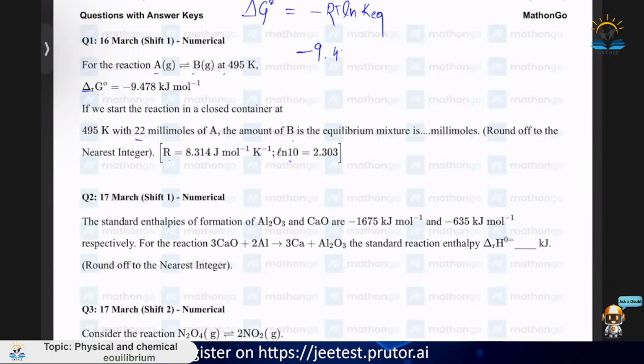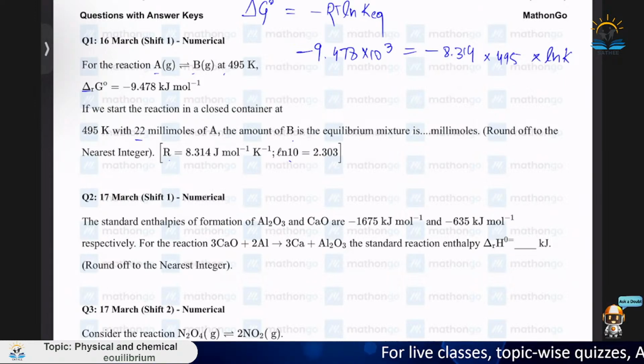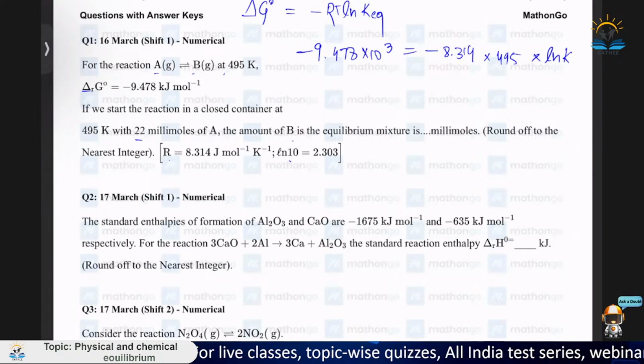Delta G naught is 9.478 into 10 to the power 3 joules, minus 8.314 into temperature 495 into ln K. So we have to find out ln K, right? So we will divide these two by each other. Before that, we'll multiply 8.314 and 495.